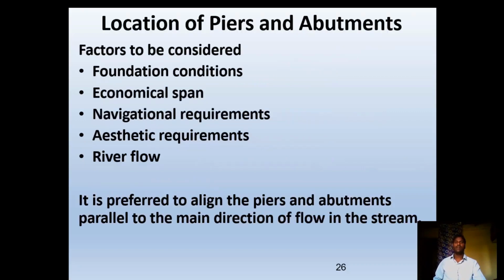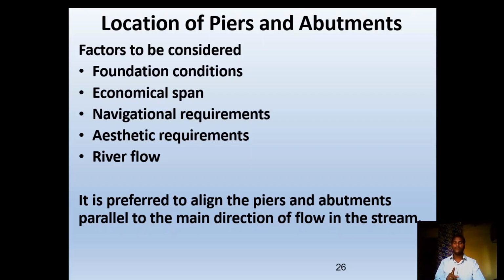Then location of piers and abutments. The following factors are to be considered for location of pier and abutment: foundation conditions, economical span, navigational requirements, aesthetic requirements, river flow.